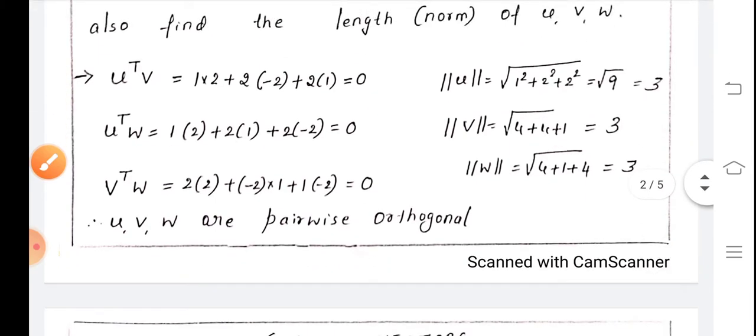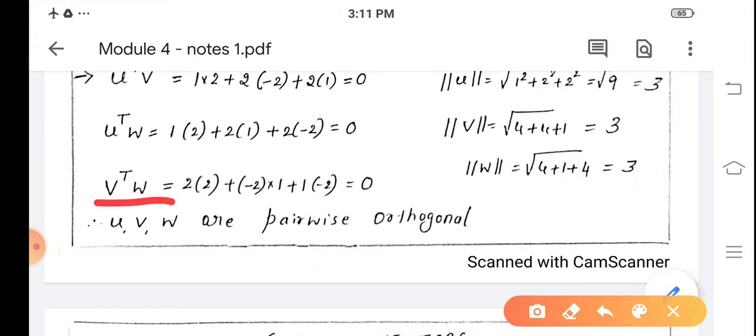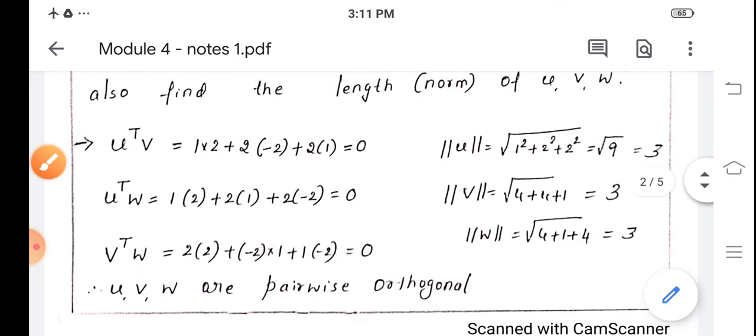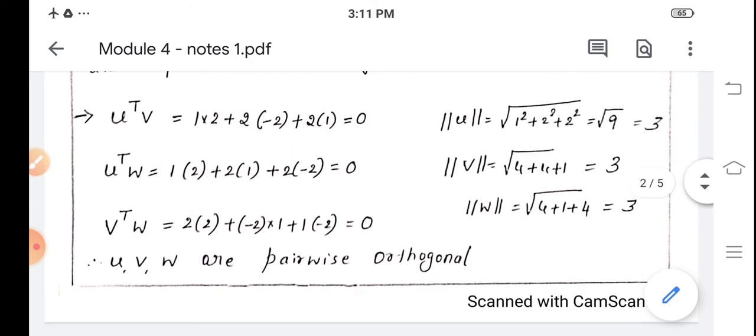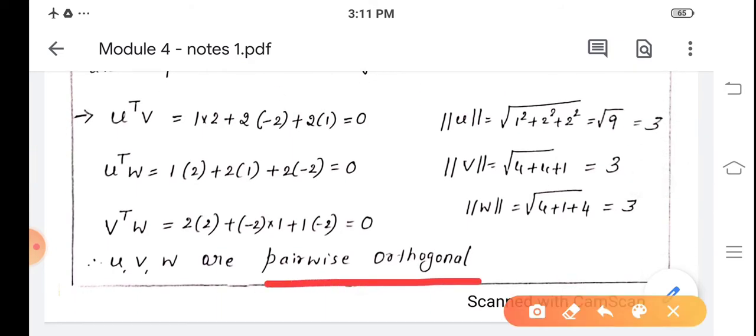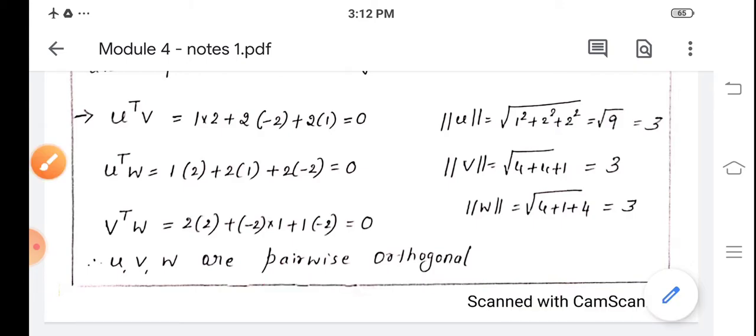Similarly, the inner product of v with the vector w is also 0. So we are getting inner product 0. That means u, v, w are orthogonal, or we can say that u, v, w are pairwise orthogonal vectors, because if you take any two vectors, the dot product or inner product is 0.